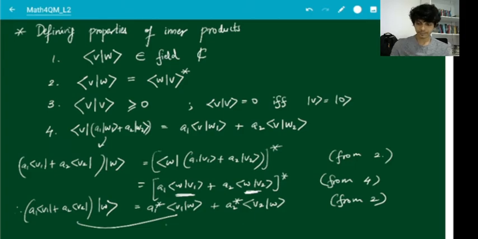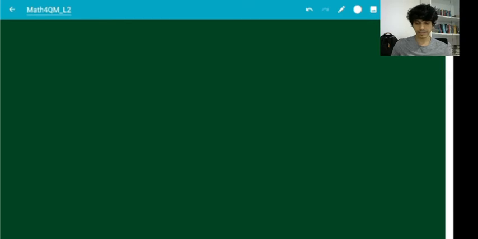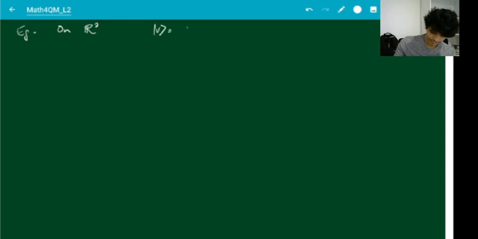All right. So let's look at some more examples and check what can be an inner product and what cannot be an inner product. Let me take R2, actually it's easier. So I'll take some vectors, R2, just two components, A comma B, let's say.